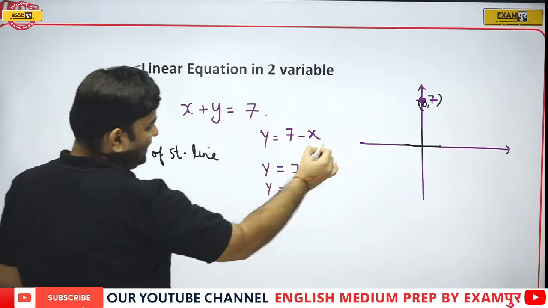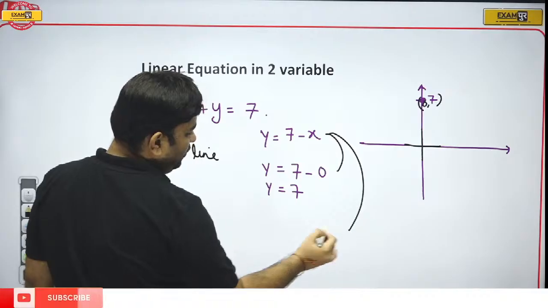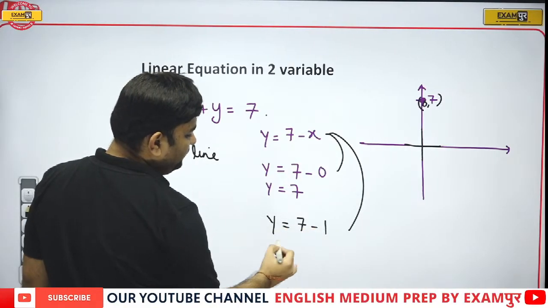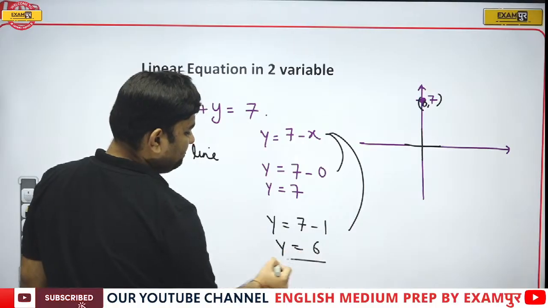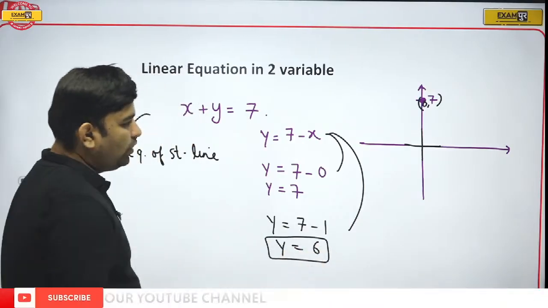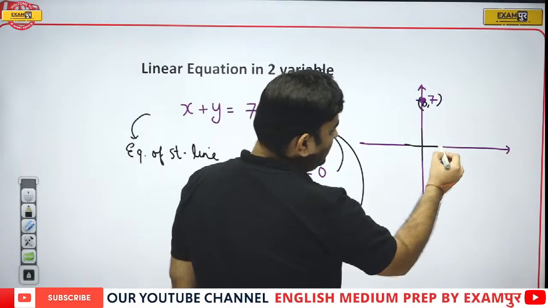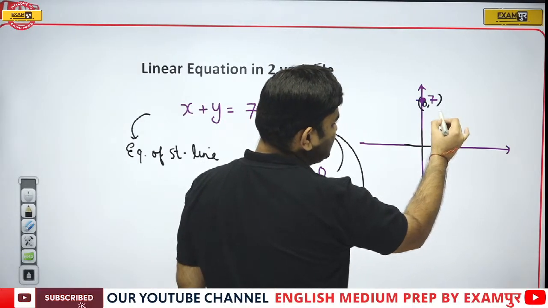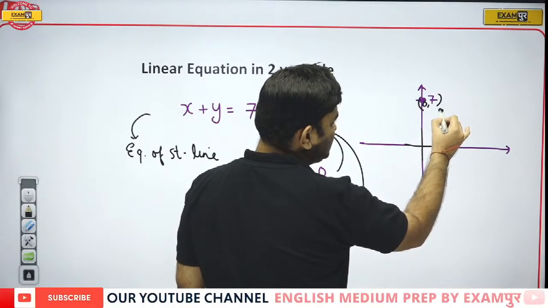Now, for x is equal to 1, y is 6, a bit less. So this point.